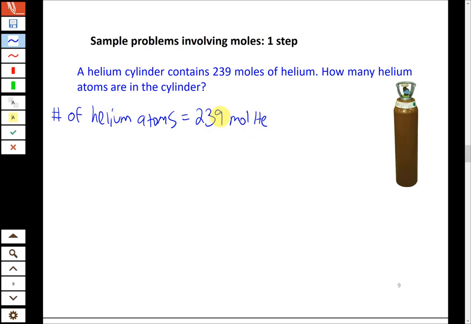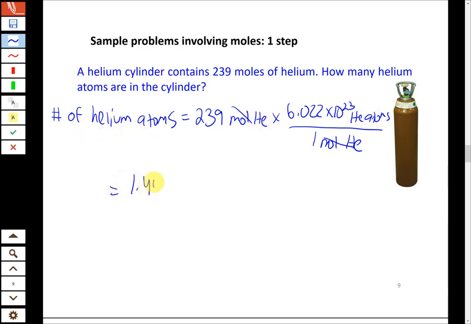If we have moles and we're trying to count how many atoms there are, we should immediately think of Avogadro's number. We're going to multiply by 6.02 times 10 to the 23rd because we want helium atoms in the numerator and we want to cancel out moles in the denominator. Okay, so moles cancel out. That gets us into how many helium atoms we have, which is what we're looking for. And that number is just 1.44 times 10 to the 26.